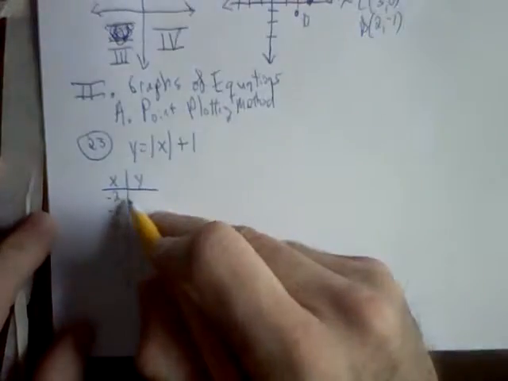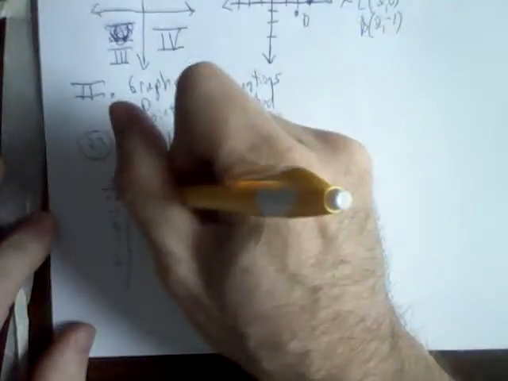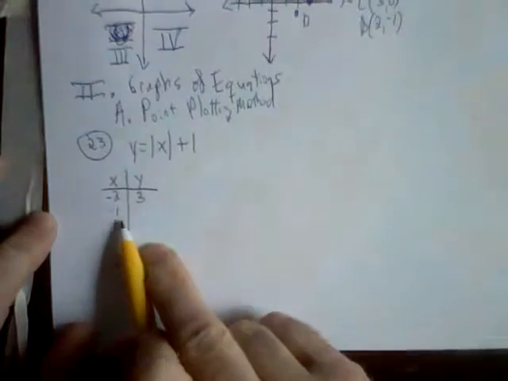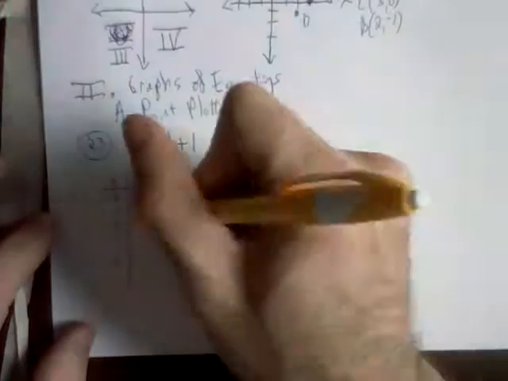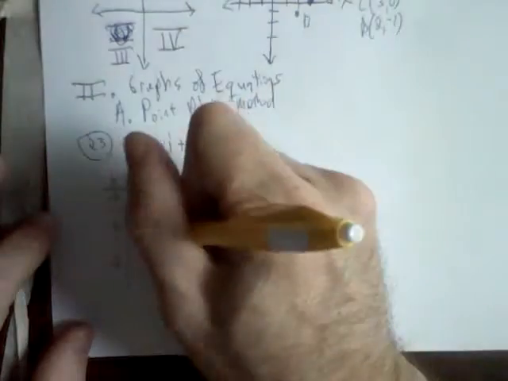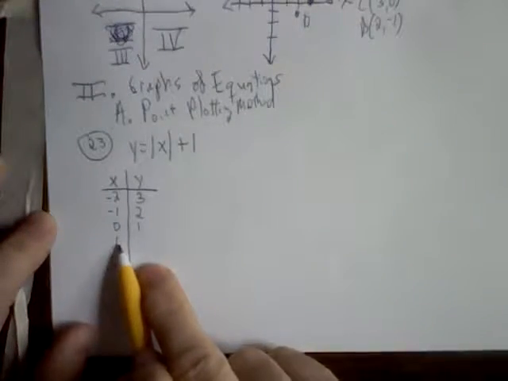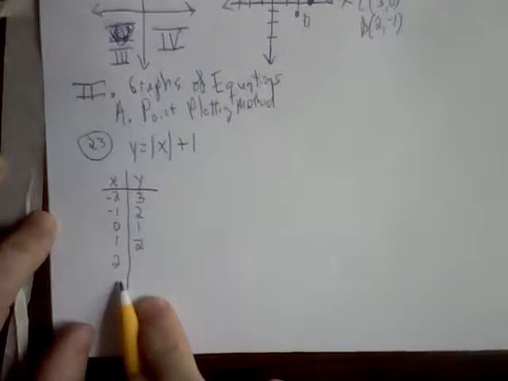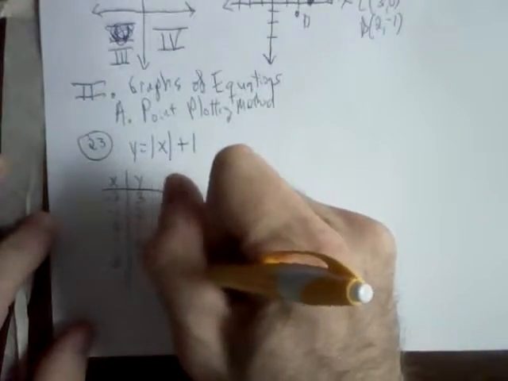So negative 2, the absolute value of negative 2 is positive 2, and then plus 1 is 3. Absolute value of negative 1 is 1, plus 1 is 2. Absolute value of 0 is 0, plus 1 is 1. Absolute value of 1 is 1, plus 1 is 2. Absolute value of 2 is 2, plus 1 is 3.